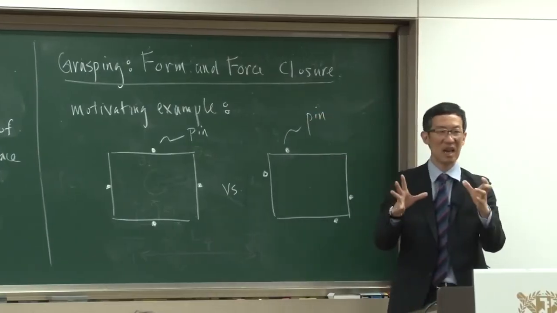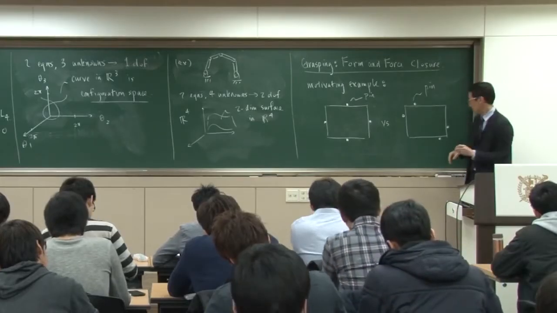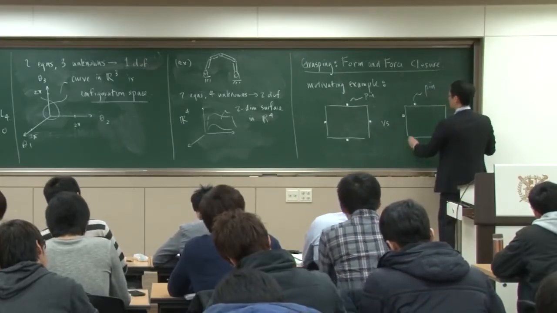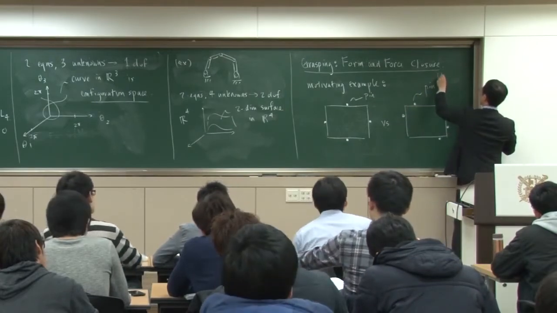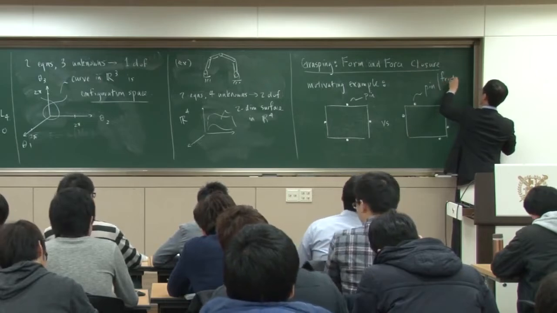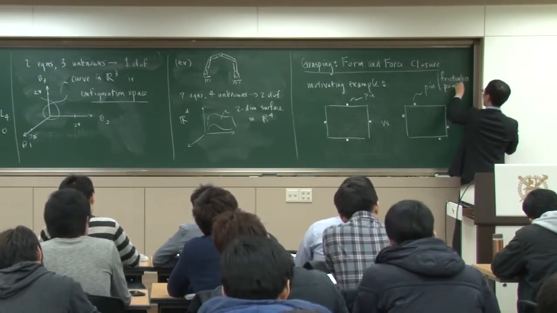So these pins have no friction. There's small metal pins. So these pins are, let's write it down, frictionless point contacts.